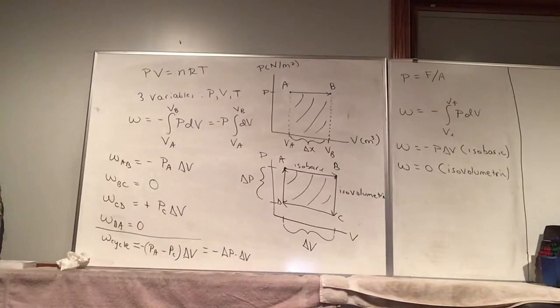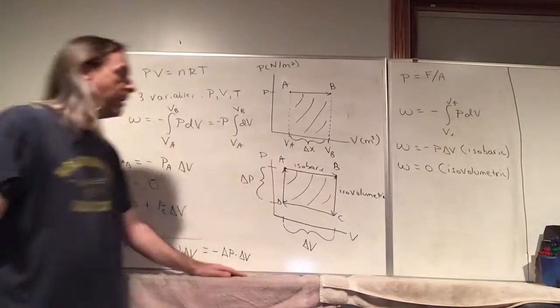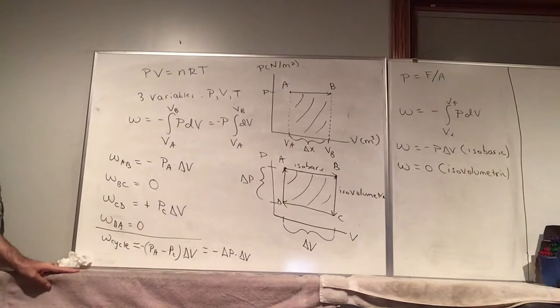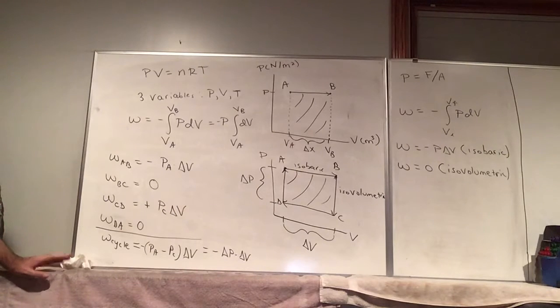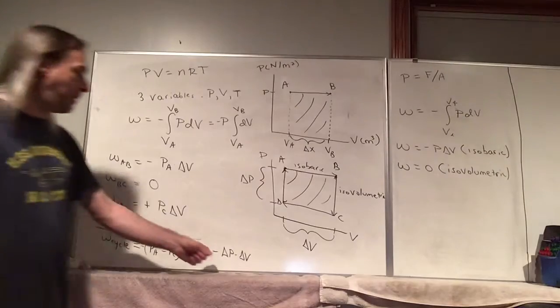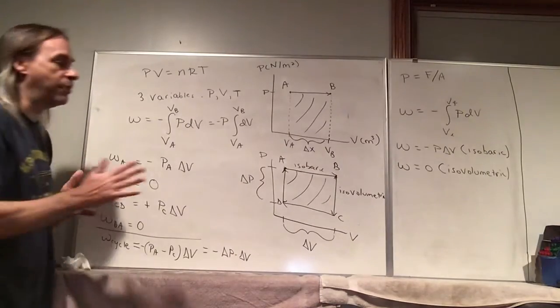If you have a clockwise cycle in a PV diagram, the work is going to be the area enclosed by that cyclic process, by the curve that it's tracing out. And if it's counterclockwise, it's going to be the same magnitude, except it will be positive. And again, this is going to be very important later when we talk about engines.